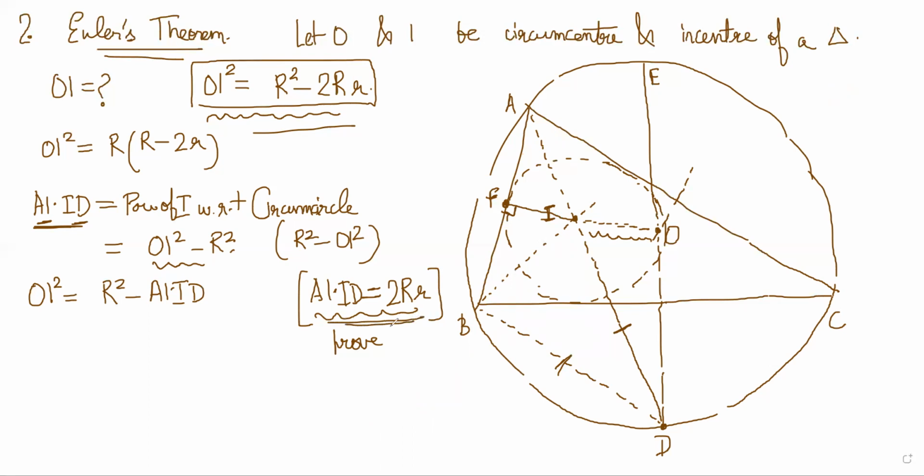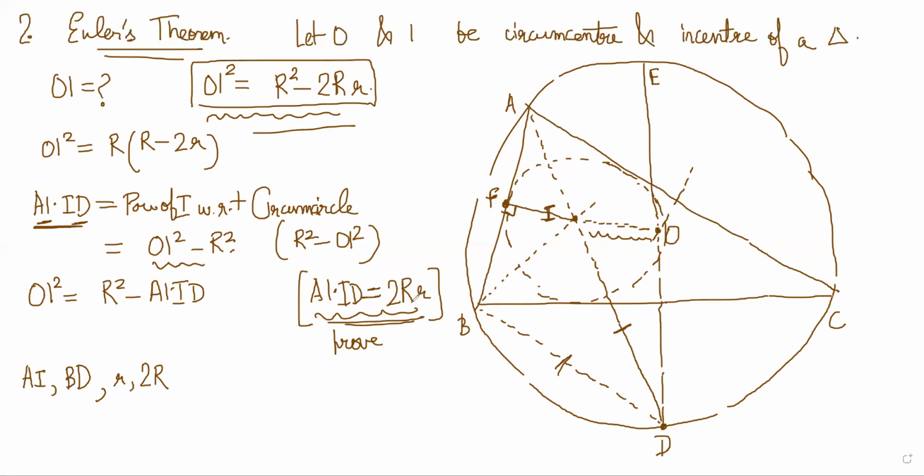So what we have to look for is some triangles which have sides AI, DB, somehow we need to get small r and 2R also, right?